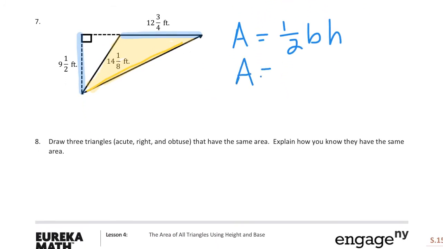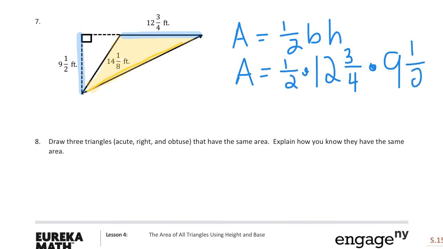So the area equals 1/2 times 12 3/4 times 9 1/2.